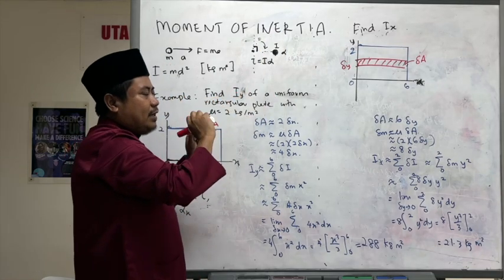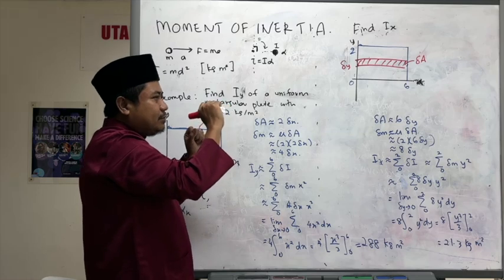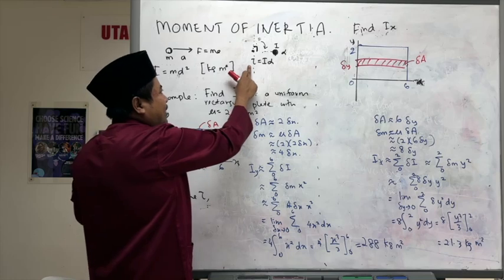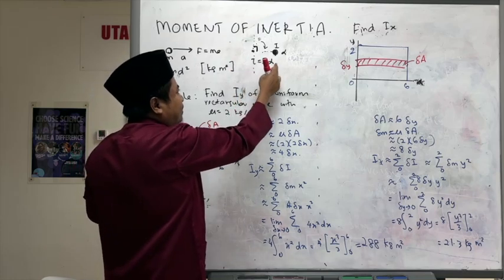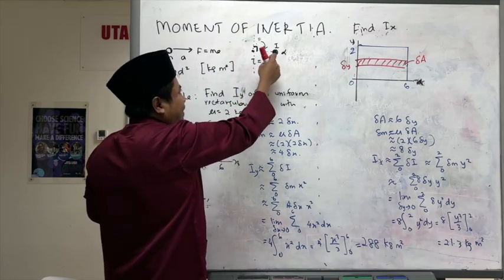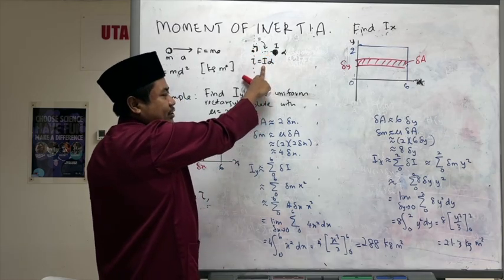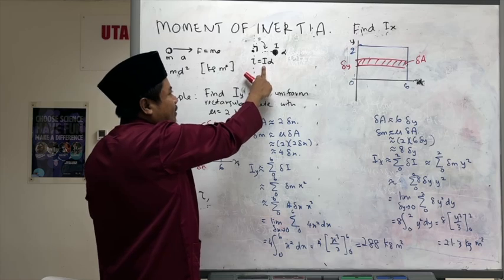Torque is the force which makes something rotate. So this torque and its relation to the angular acceleration is the moment of inertia.